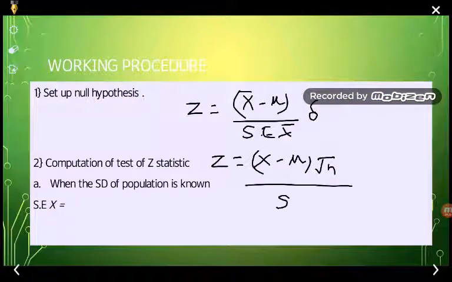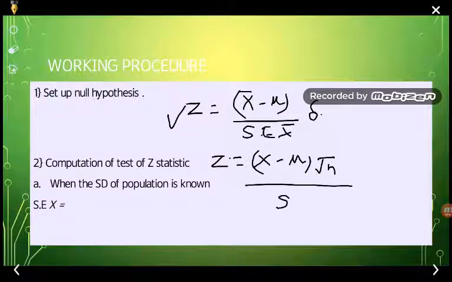Here when the standard deviation of the population is given, then the formula will be this one. Z is equal to x bar minus mu divided by the standard error of the mean into sigma. So this is the sigma or standard deviation.